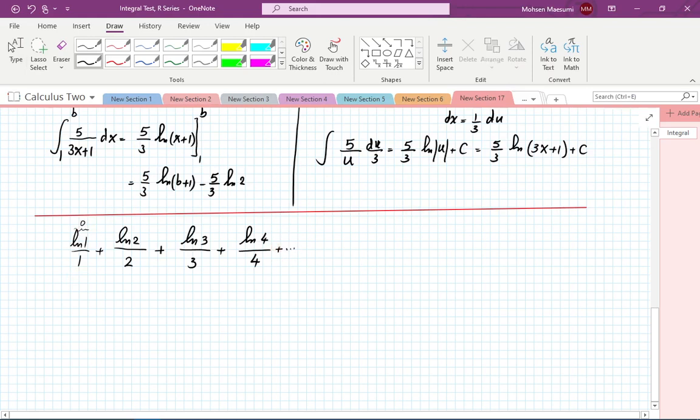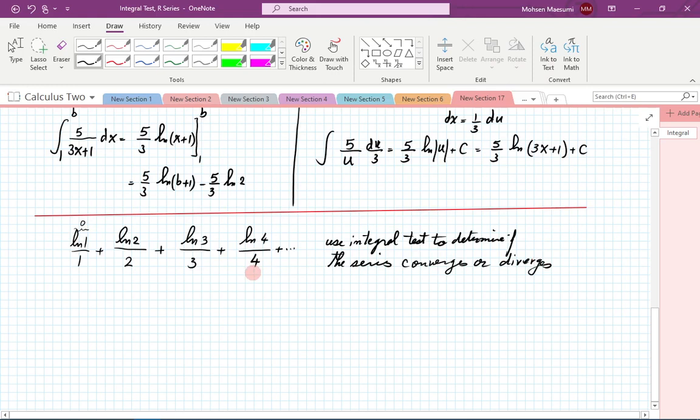So the question is, use the integral test to determine if the corresponding series converges or diverges.